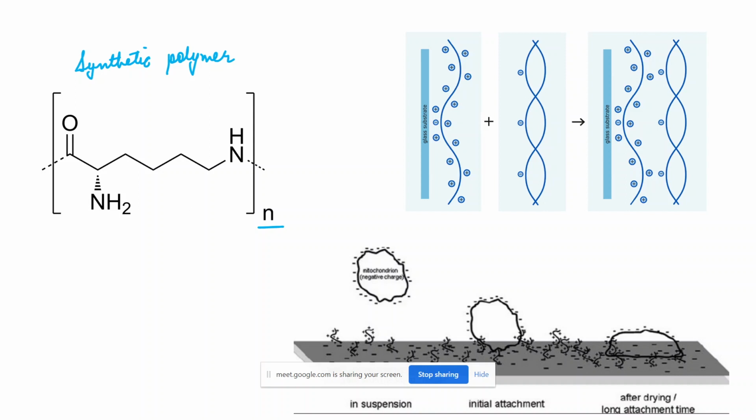In cell culture, polylysine is the most commonly used synthetic polymer for aiding in cell attachment. How does it do that? Your polylysine is positively charged and your cell surface is going to be negatively charged. Your cell surface or your DNA is going to be negatively charged.